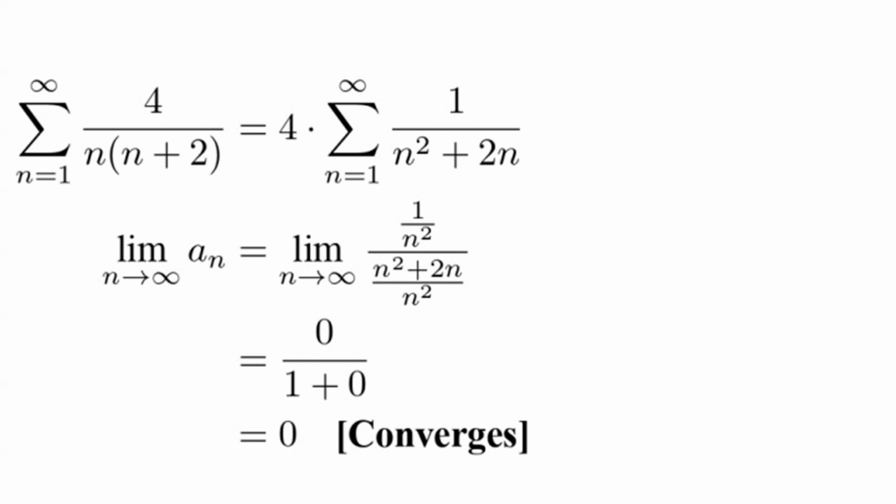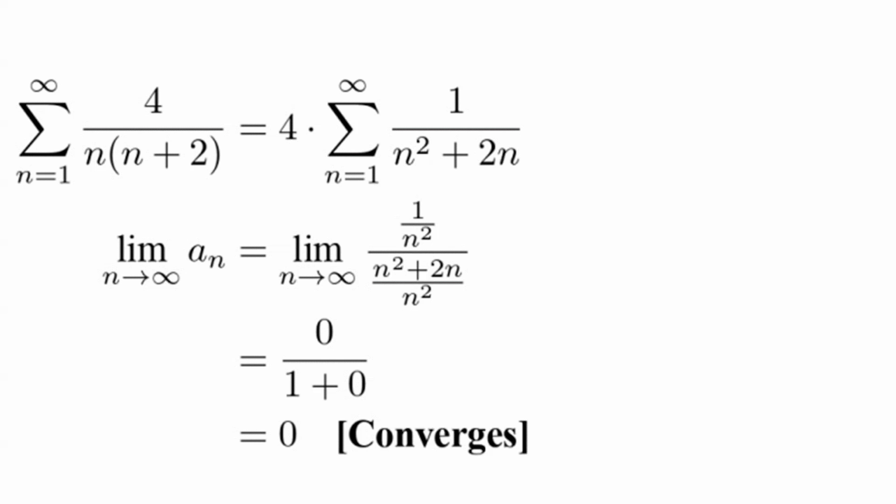So it's n squared that we use in this equation. Let me say it again: the limit as n approaches infinity of 1 over n squared over n squared plus 2n over n squared.